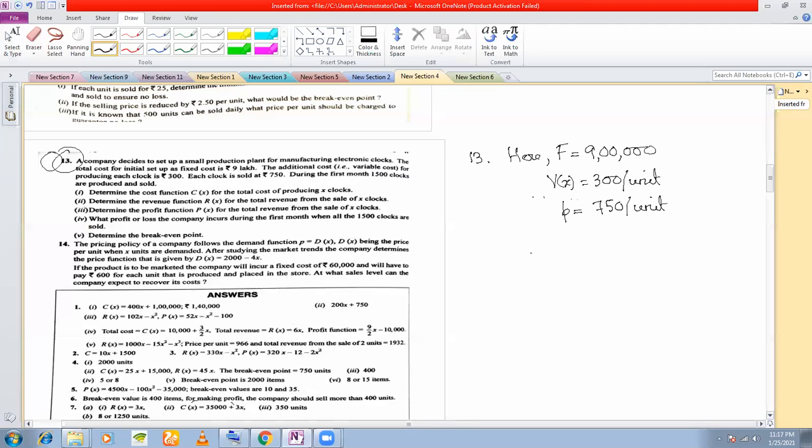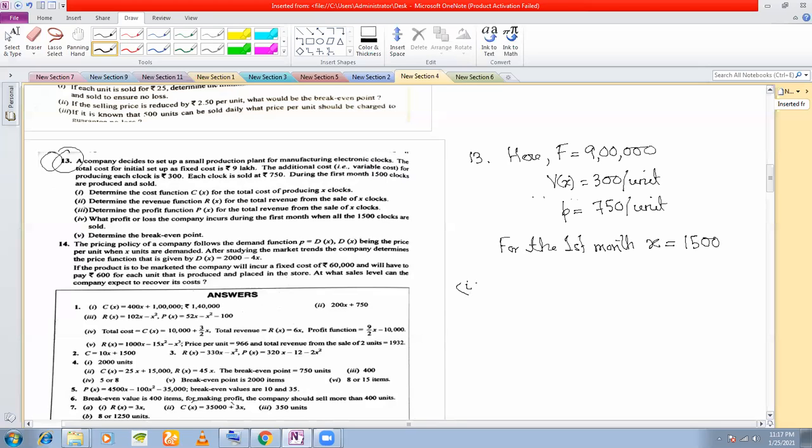During the first month, 1500 clocks are produced and sold. So for the first month, how many clocks are produced and sold? X units, right? How much is X? 1500 clocks for the first month. Now let us see what the questions are.